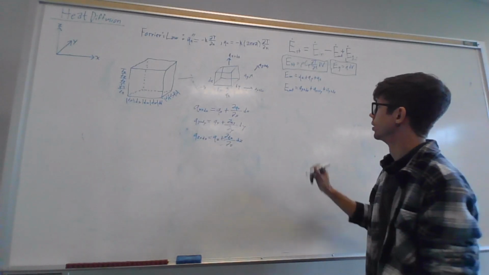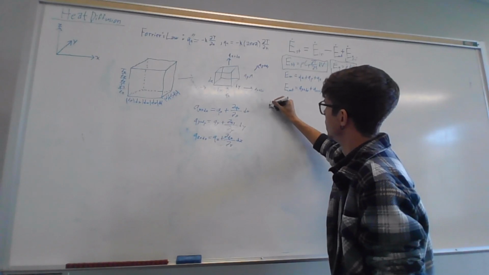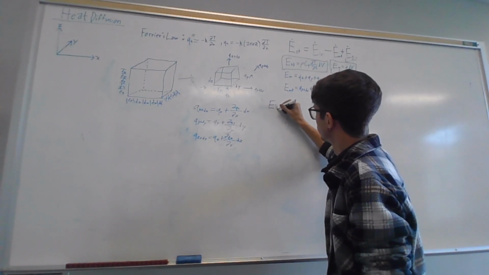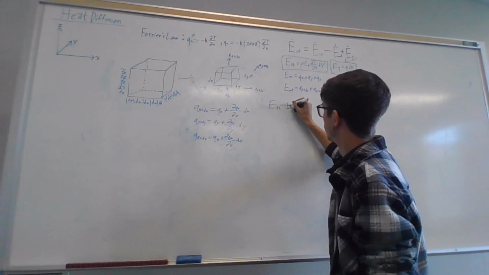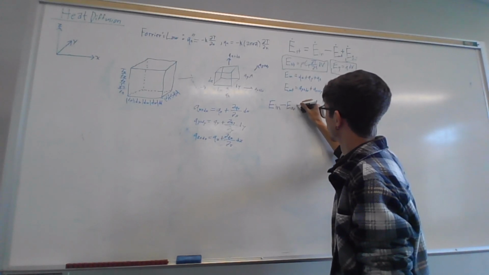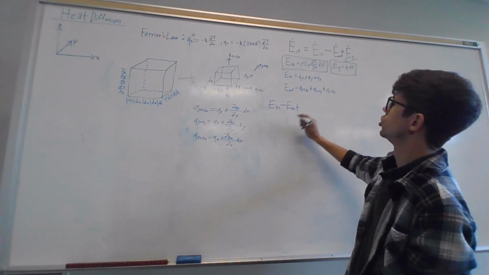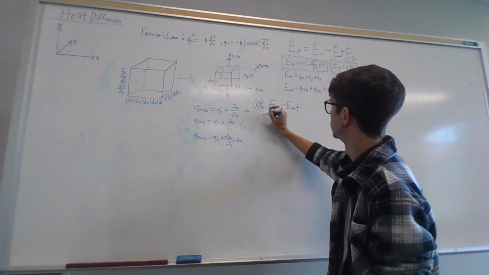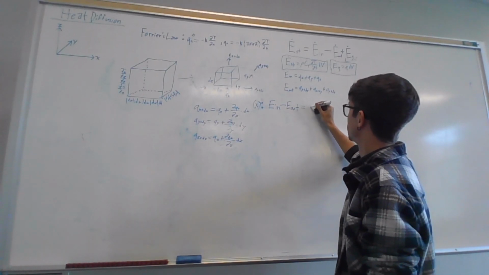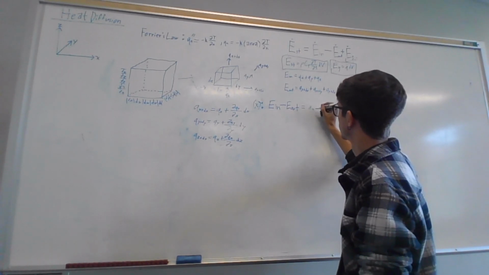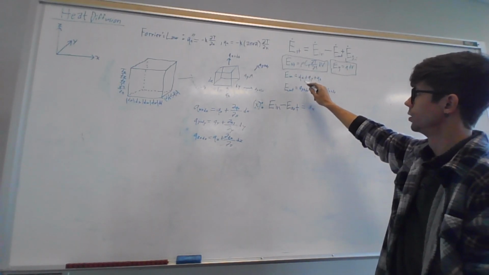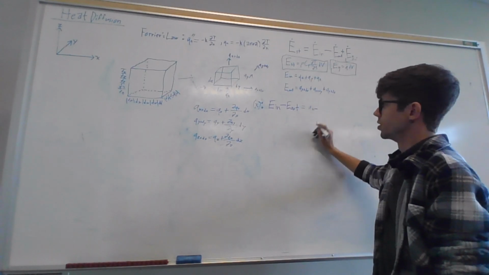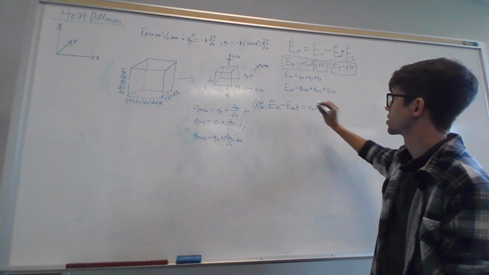So if I write energy going in minus energy going out, and I already did just the x direction, so I'll say for x, it is going to be equal to qx coming from here minus our Taylor series expansion for qx plus dx.